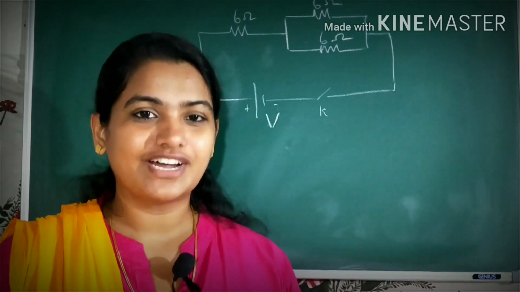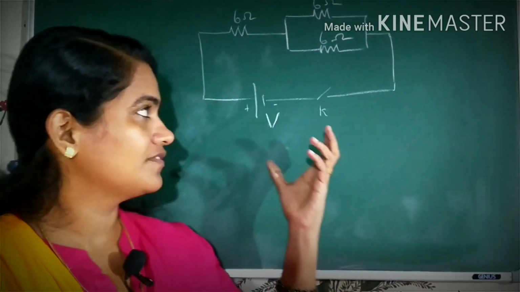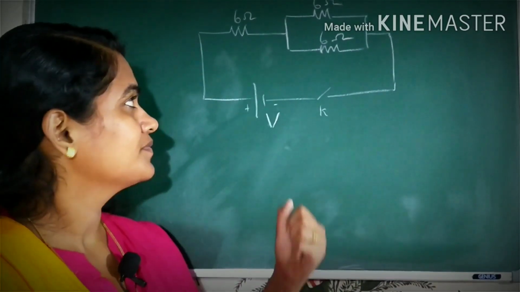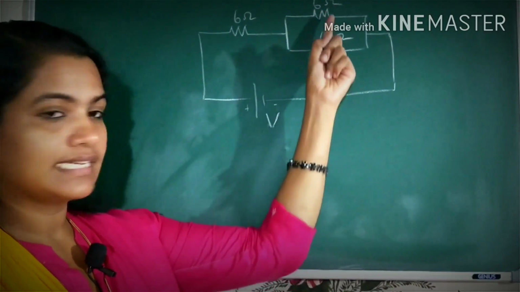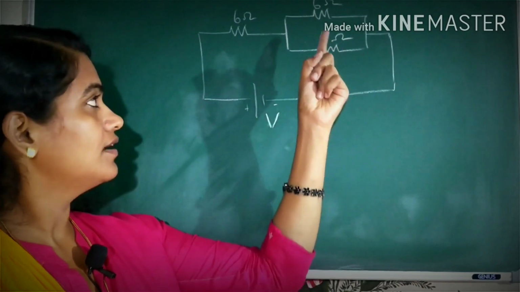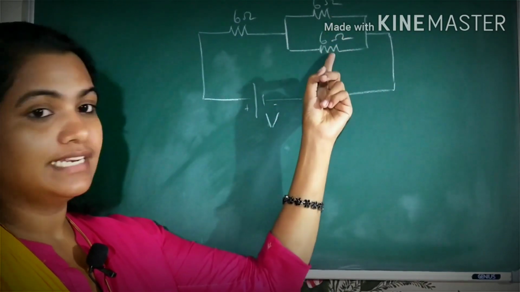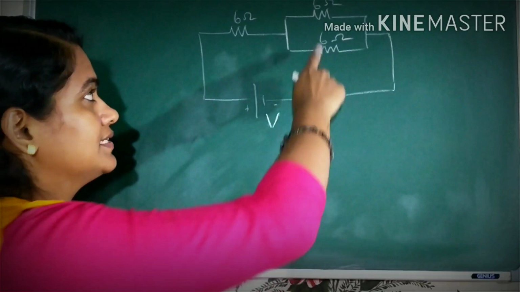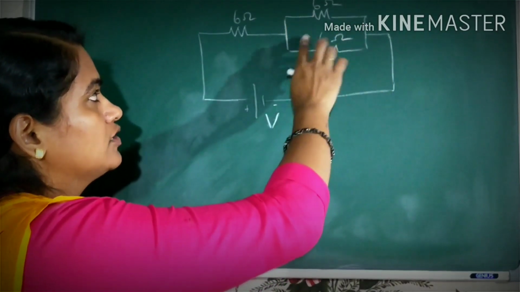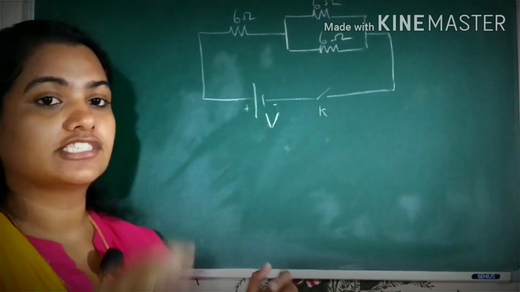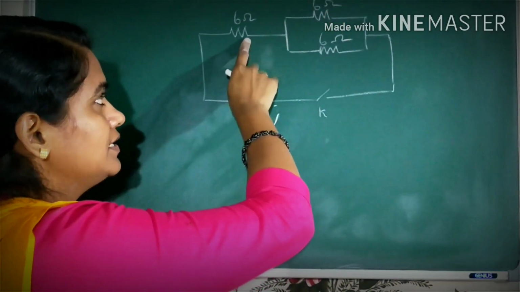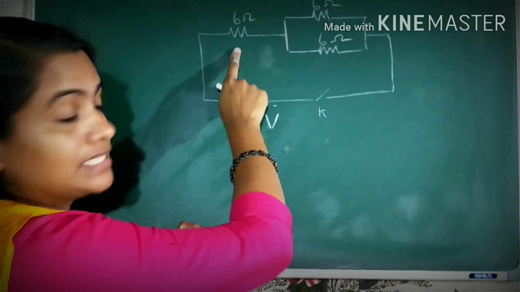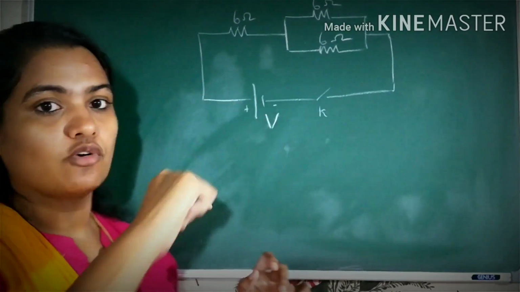Now, let's find the effective resistance of this circuit. See, here 2 resistors, 6 ohm and 6 ohm, are connected in parallel. See, both ends are connected. So these 2 resistors are connected in parallel, and this combination is connected in series with another resistance, that is 6 ohm.